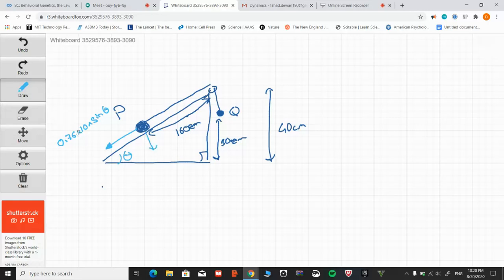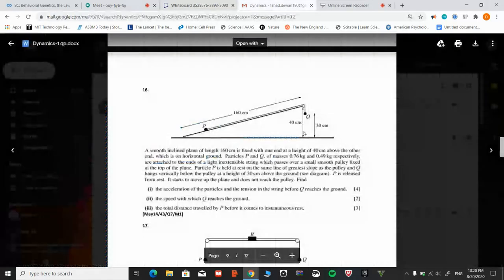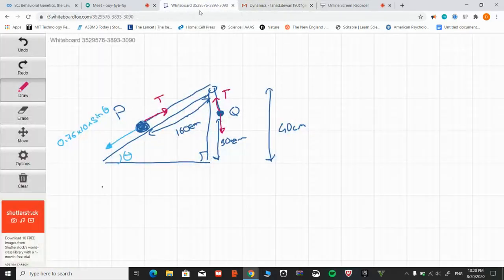And mg cos theta will act this way, but here we don't need the reaction force. What other forces are needed? Tension, acting in this direction, and tension acting in this direction, and weight, which acts vertically down. So that is going to be 0.49 into 10, so that is 4.9 newtons. So these are the forces.